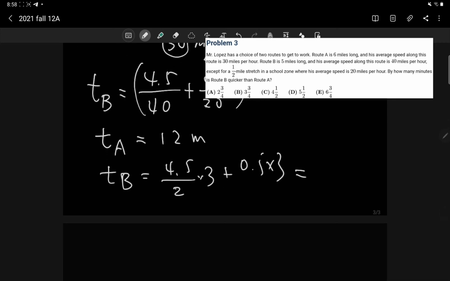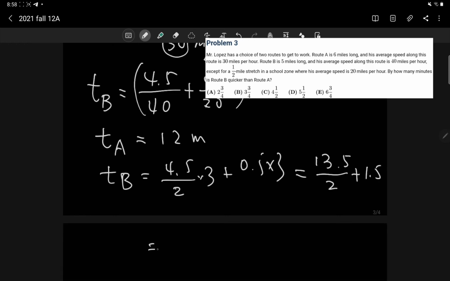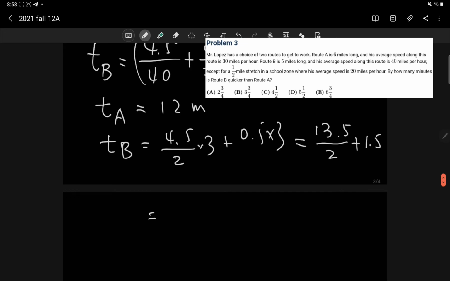Okay, I'm not an arithmetic guy. This is 13.5 divided by 2, plus 1.5.